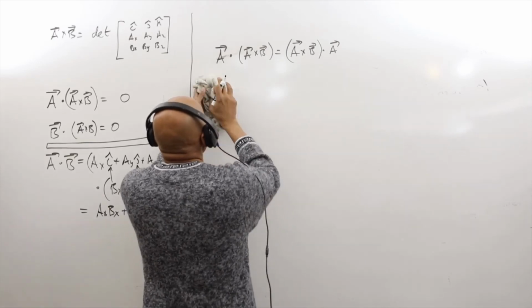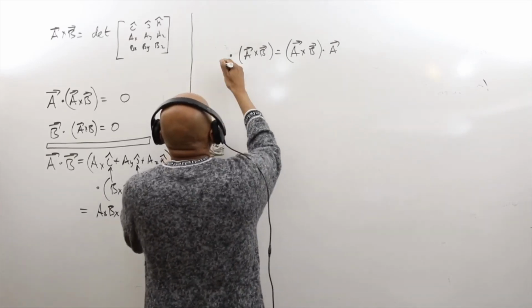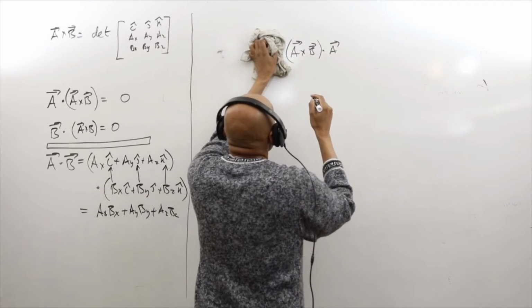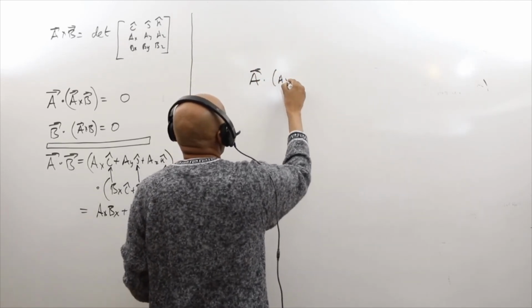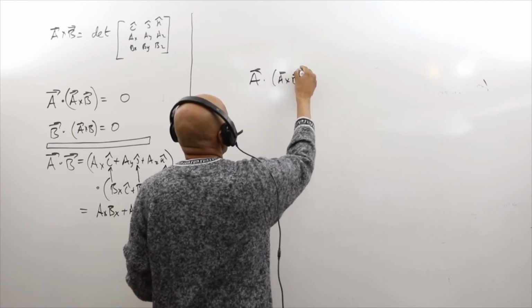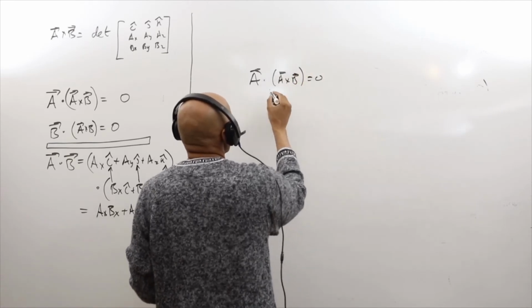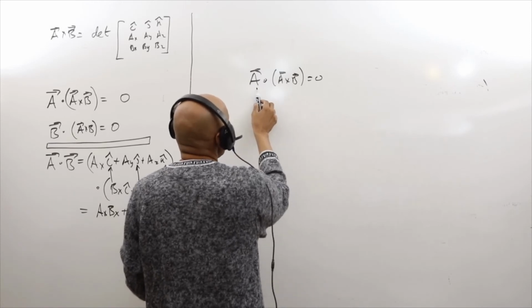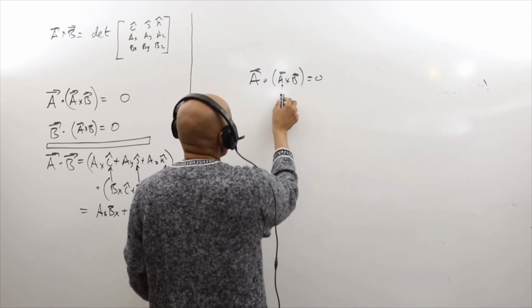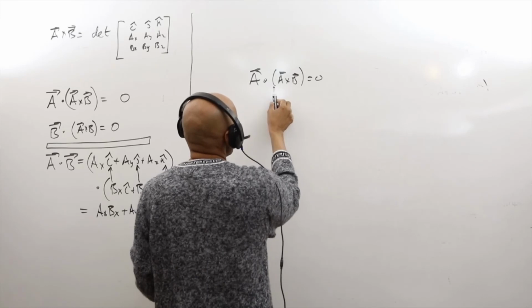So we can repeat this process for b. Remember, what we're trying to say is that a vector dotted with a cross b is equal to 0. It means that the dot product of two nonzero vectors is zero, so this vector is perpendicular to this vector. So a cross b is perpendicular to b.